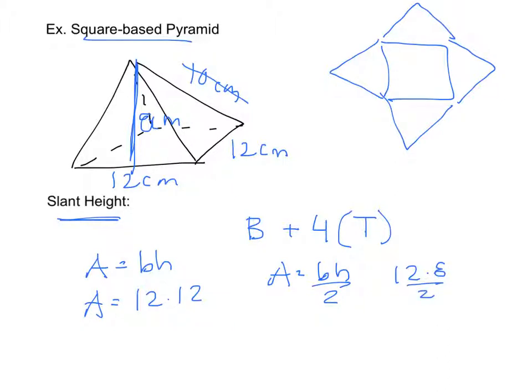And these values are going to come out to be 144 here, and this is going to be 48 here. And we can add those up, and that is going to turn out to be 192 centimeters squared.